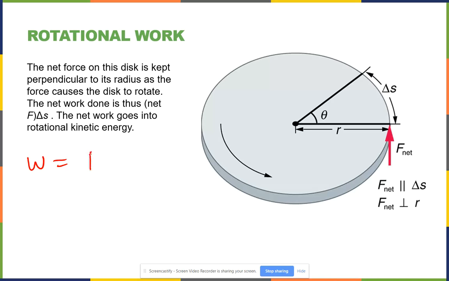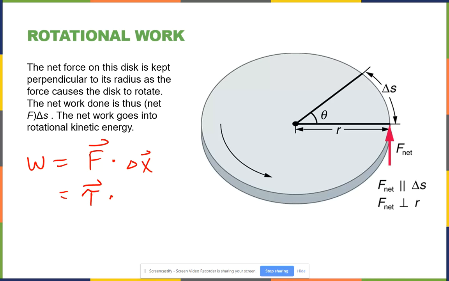Work we learned was force dot distance. What's the rotational equivalent to force? A force that makes things rotate. What did we call that? The torque.